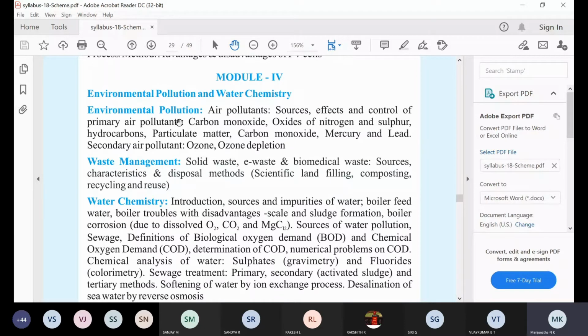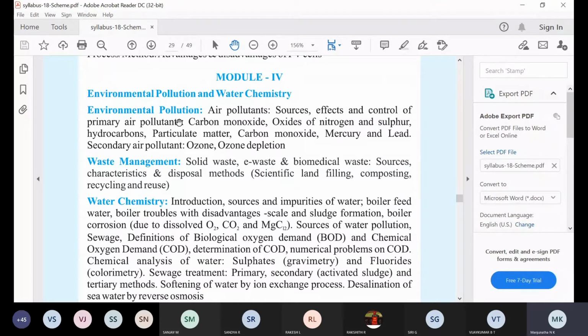For example, one is carbon monoxide, another is oxides of nitrogen, another is sulfur oxides, hydrocarbons, and particulate matter. These are the 5 primary air pollutants which cause the major air pollution in the environment. So in this environmental pollution, we are going to discuss these 5 primary air pollutants, their sources, effects and controlling methods.